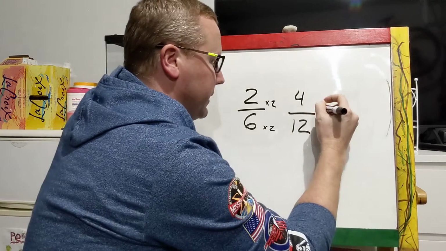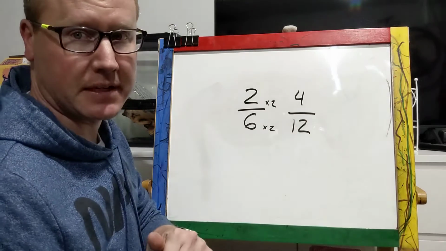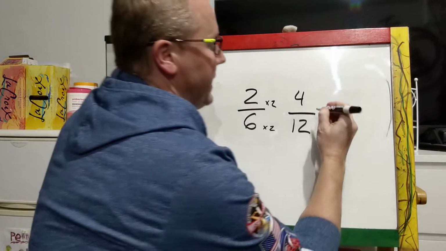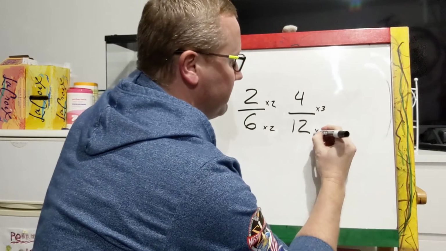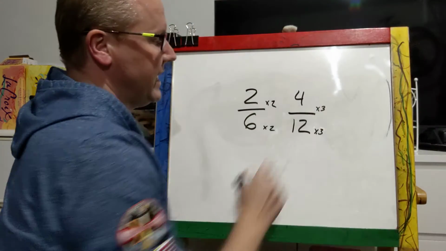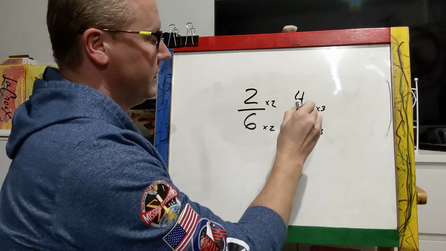And again, you can multiply. This time, I'm going to do something a little bit different. I'm going to multiply the top by 3 and the bottom by 3. You have to multiply the top and the bottom by the same number.